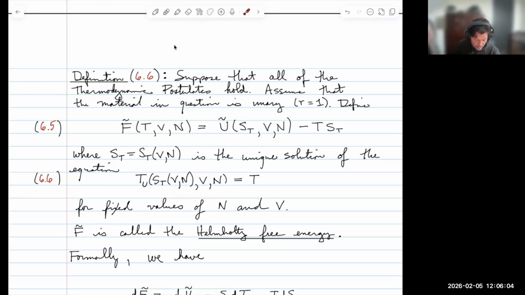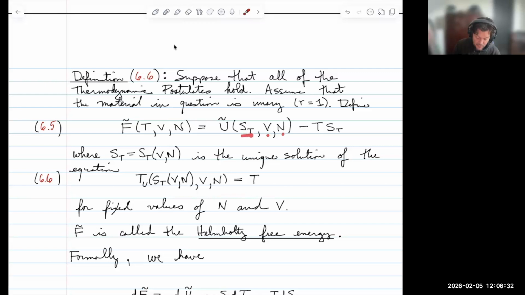Okay, so let's get into it a little bit further. We're switching from variables S, V, and N to T, V, and N. So this is equal to, by definition, the U tilde function, the internal energy function, which is playing the role of little f in the previous definition. This should be a function of S_T, V, and N, minus T times S_T.